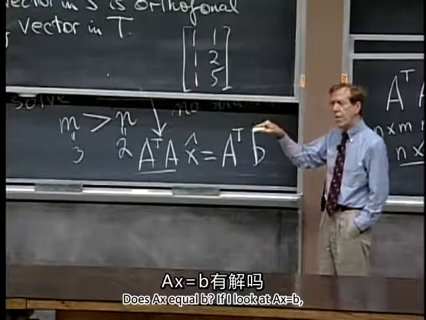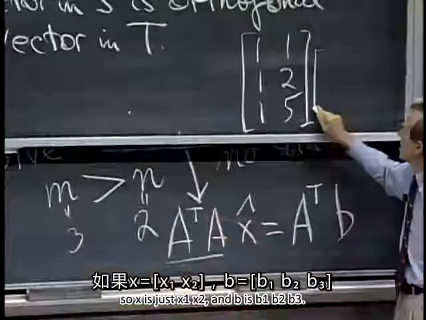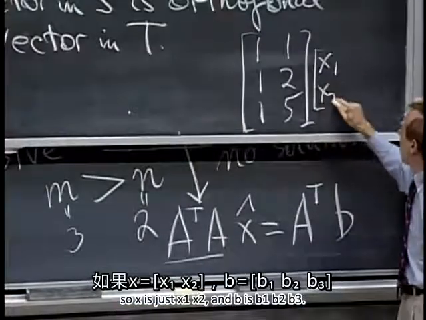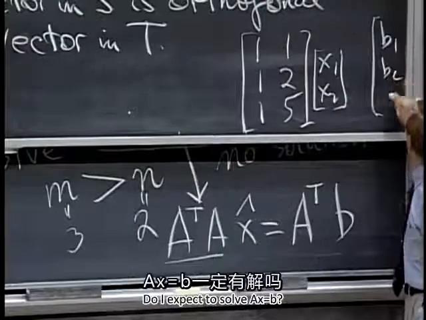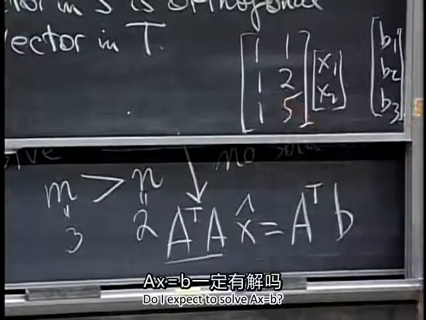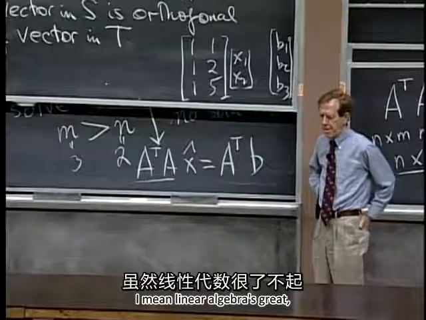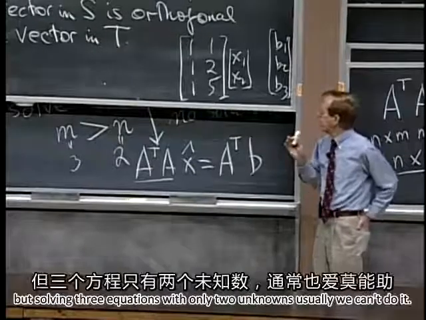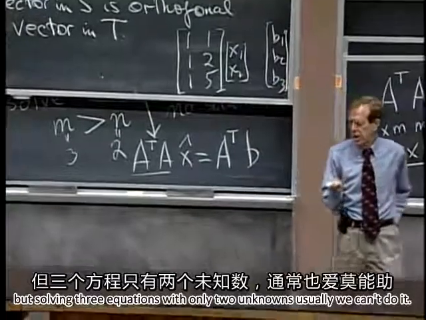Does Ax equal b? X is just x1, x2, and b is b1, b2, b3. Do I expect to solve Ax equal b? No way, right? Linear algebra is great, but solving 3 equations with only 2 unknowns, usually we can't do it.